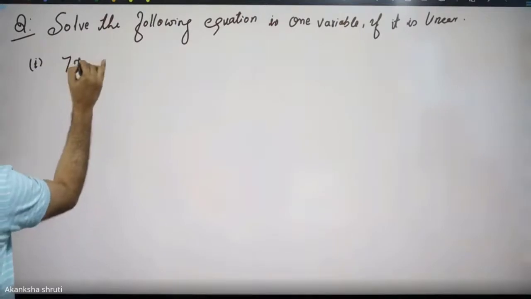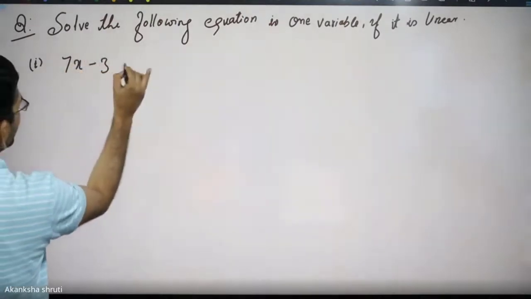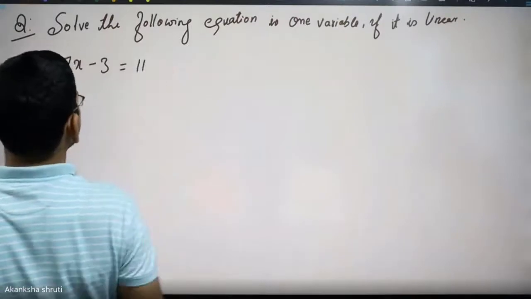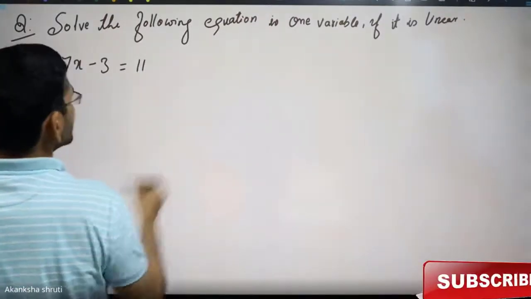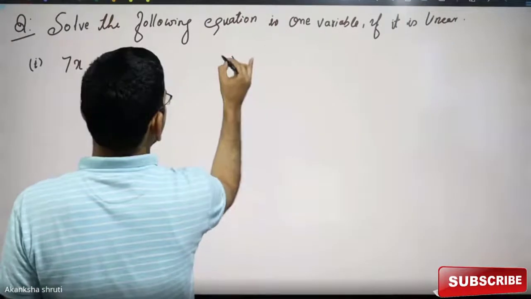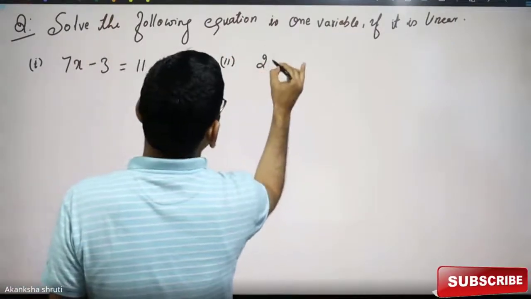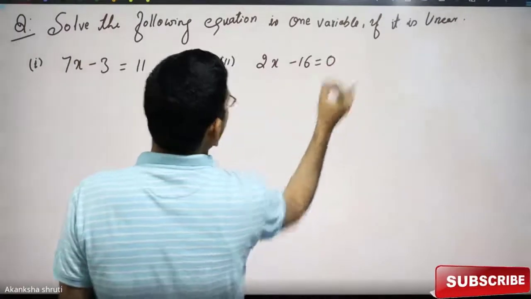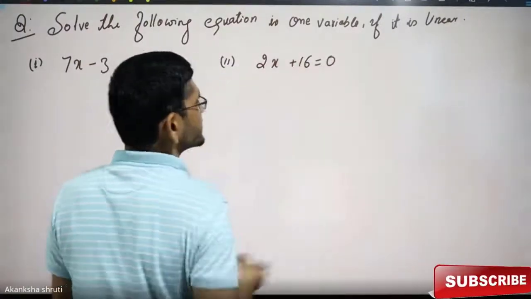Say 7x minus 3 is equal to 11 only. The second one is 2x minus 16, or plus 16, is equal to 0.